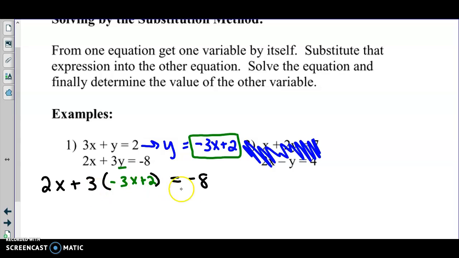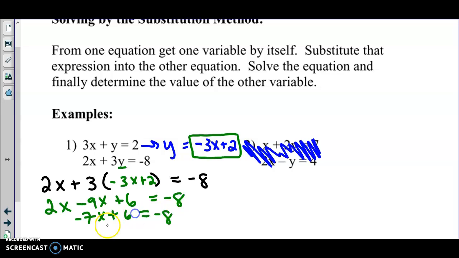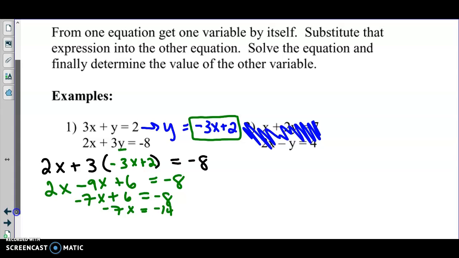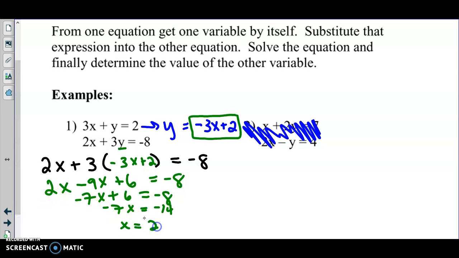Now we just have an equation with just the variable x. So we're going to solve this equation for x. So 2x, distribute your 3. Combine like terms. Move the 6 over, and you get x equals 2.